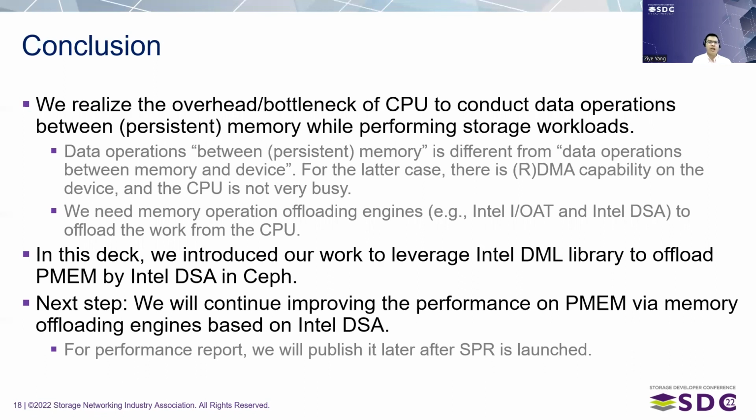For the latter case, there is DMA or RDMA capability provided by the device, so the CPU is not very busy. So we need some hardware-based memory offloading techniques to offload the CPU work. For example, we can leverage Intel's IOAT or DSA technique to offload the work from the CPU.